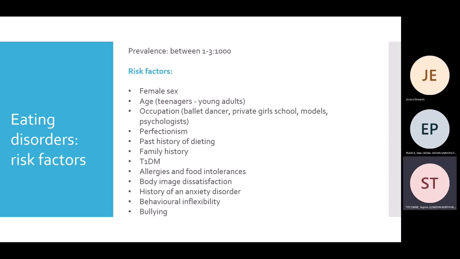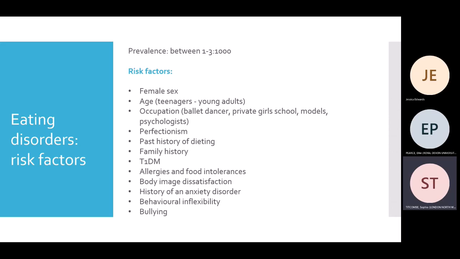There's also some evidence to suggest that there is increased incidence of eating disorders in particular occupations. It can be quite common in ballet dancers, in all-girl private schools, models, and also in psychologists. People who display traits of perfectionism are also at increased risk. If there's a past history of dieting or family history of eating disorders, that's also going to increase your risk.